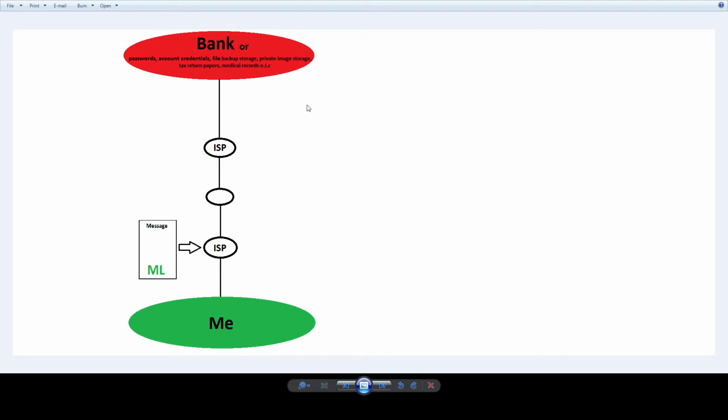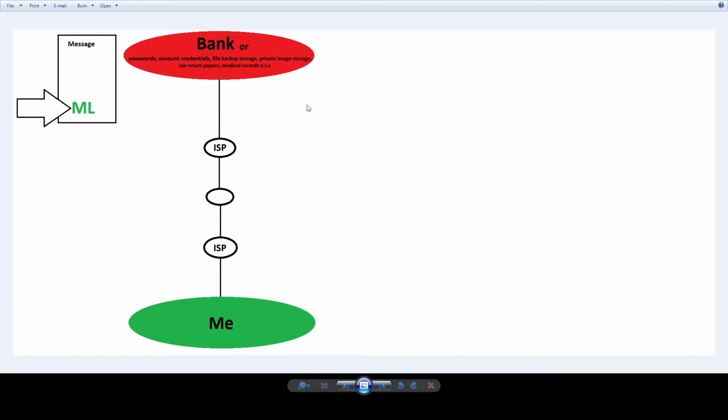If the ISP tries to read my message, or there is a hacker who managed to hack the ISP's network I'm connected to and he intercepts my message, they will not see the content of my message because it's encrypted with my lock. The information continues to travel until it reaches my bank.